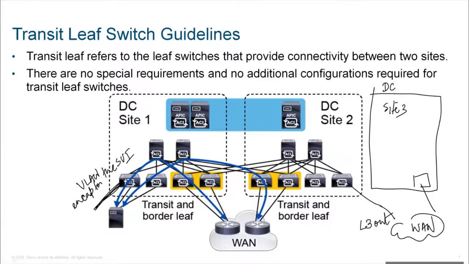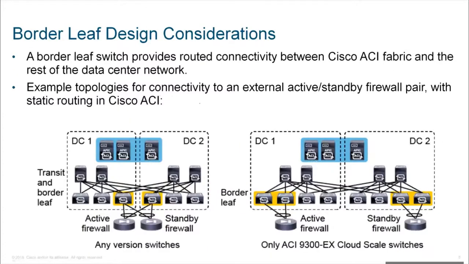Well, it'd be disastrous if I had traffic go out towards the WAN router, bridge itself, and get back in here. That shouldn't be happening. So that's why we have to consider the type of hardware we use. That's part of border leaf design considerations.